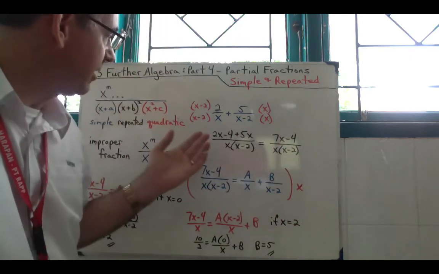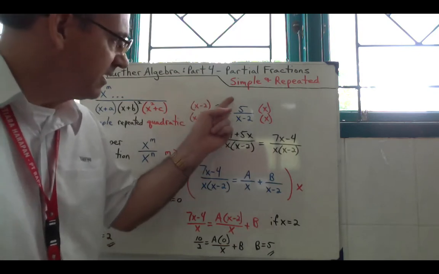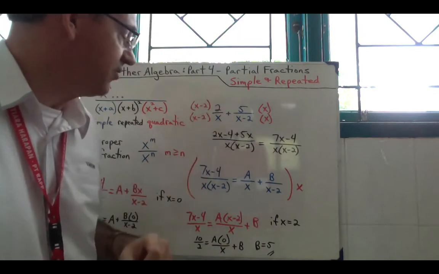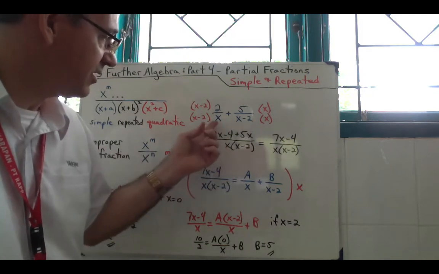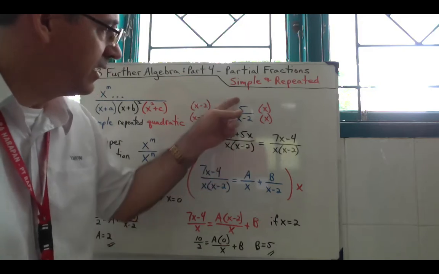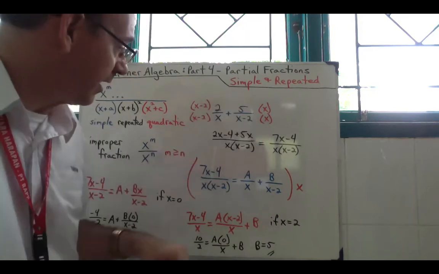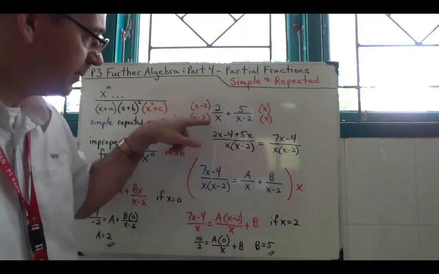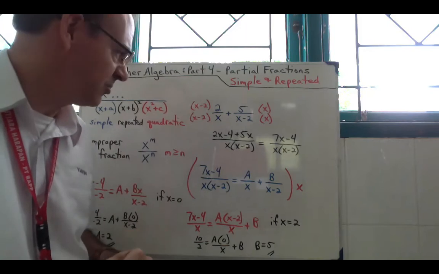So you should be very used to seeing something like 2 over x plus 5 over x minus 2. To get a common denominator, you see there's an x and an x minus 2. The first fraction needs to be multiplied by x, top and bottom. The second fraction needs the x minus 2, so multiply numerator and denominator by x minus 2.